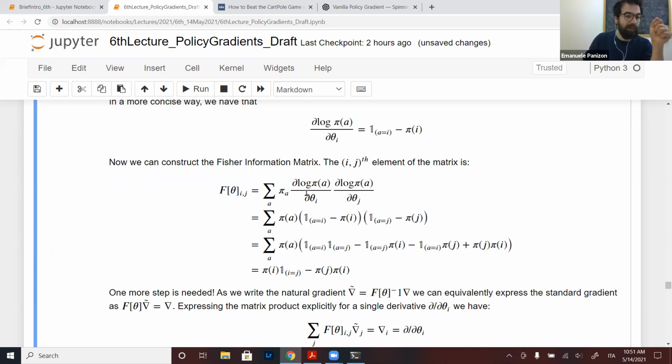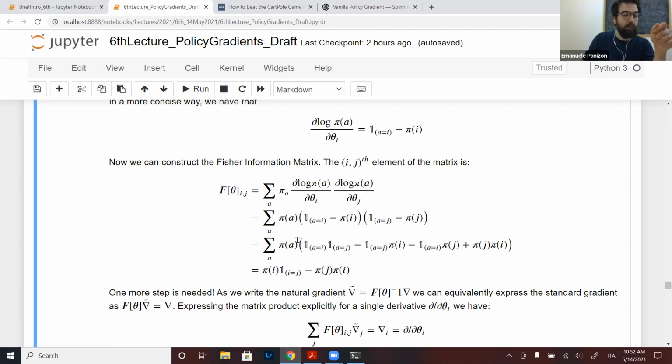But we have just seen what each of these is, so just replacing in this line, we have the sum over all possible actions of the probability of taking an action, times 1 but only if a equals I, minus π I, times 1 but only if a equals j, minus π j. This is a product of two terms, so there are actually 4 terms.